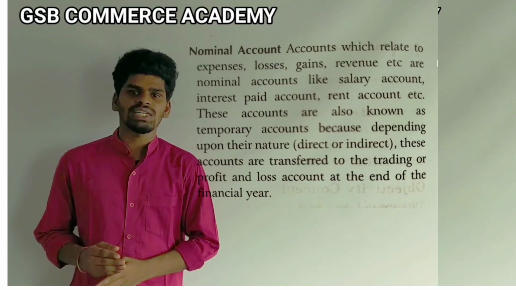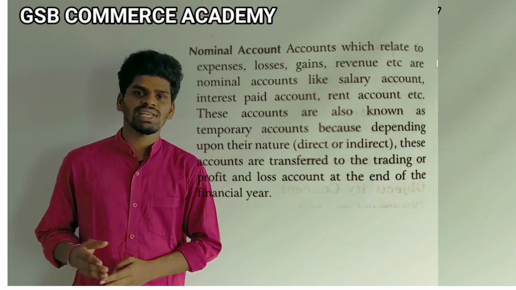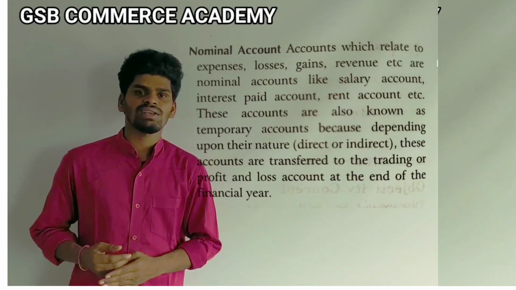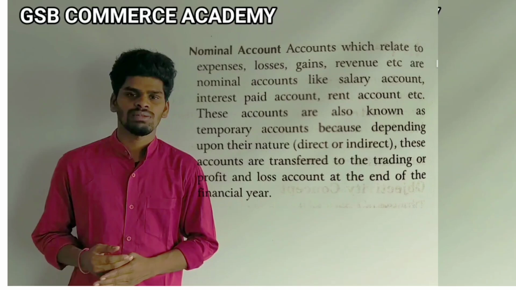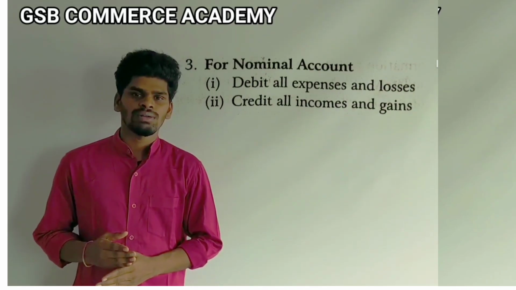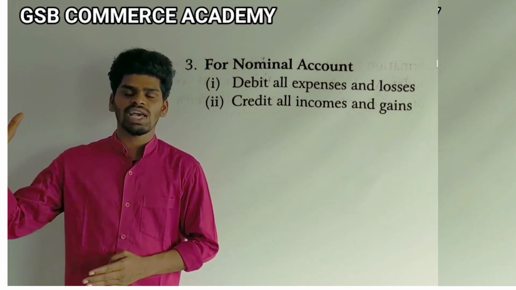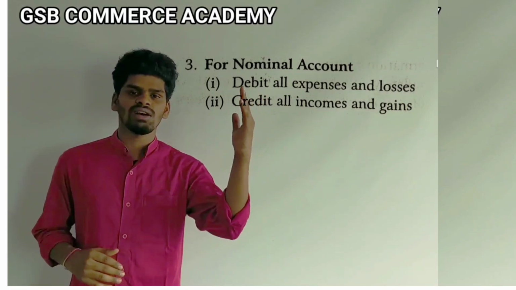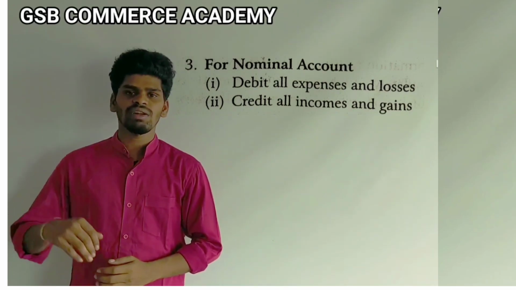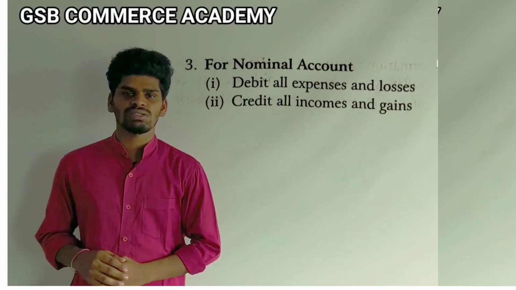In the impersonal account, the second type is the nominal account. The nominal account deals with all expenses, losses, incomes, profits and gains of the business. And what is the rule of the nominal account? Debit the expenses and losses. Credit the incomes, profits and gains. Debit records all expenses and losses.